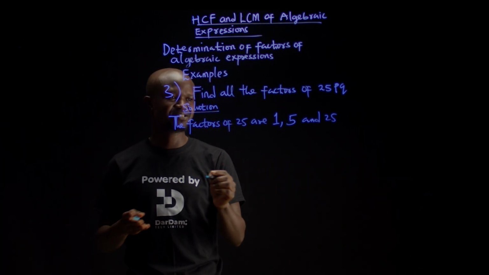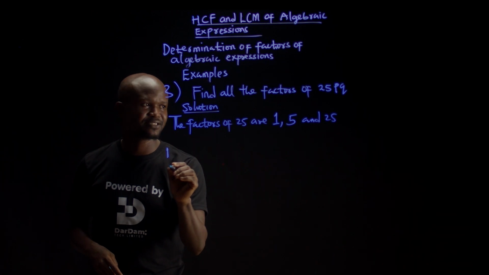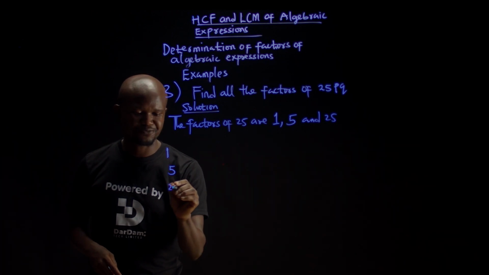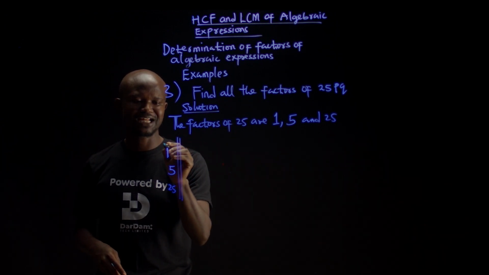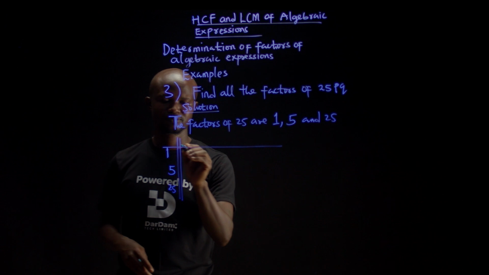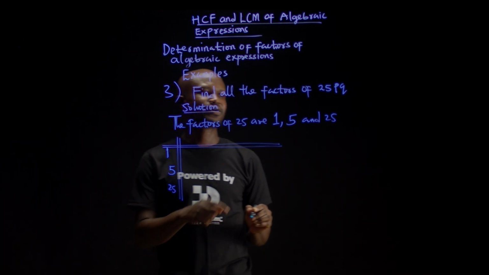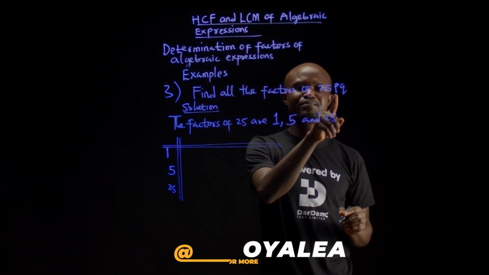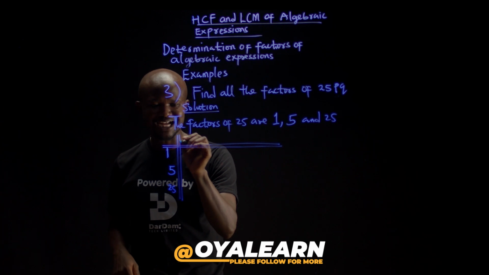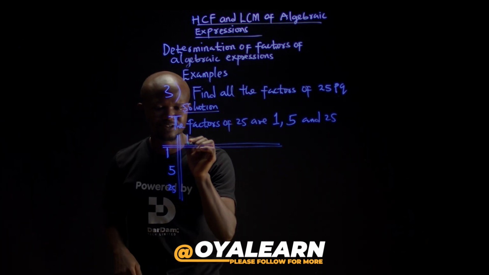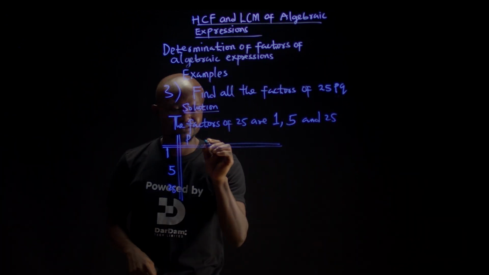Let's do that using the table. Now we write the numeric factors 1, 5, 25. We draw 2 lines. Now, looking at the variables involved, P and Q. So we must have a term starting with the element P. We must have another term dealing with what?